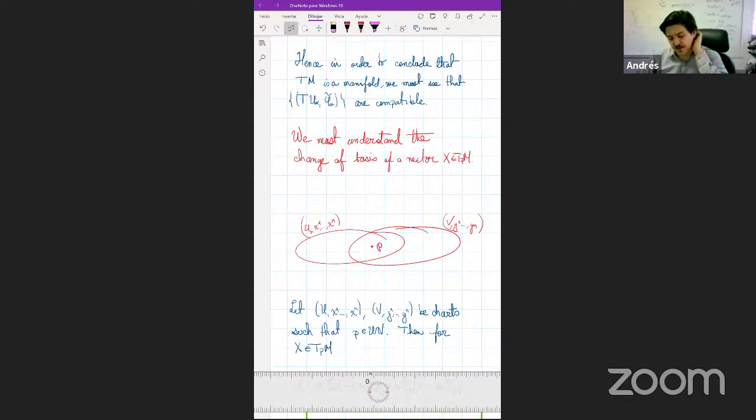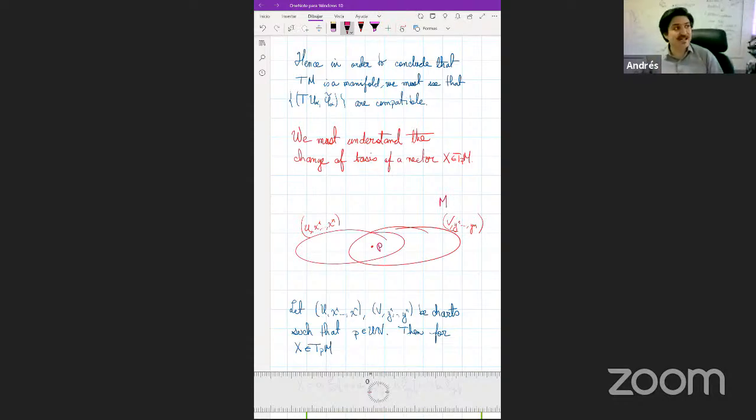And let's take a vector there. So I'm only considering points in the intersection of the open sets U and V. Now, all of this is happening on M so far.